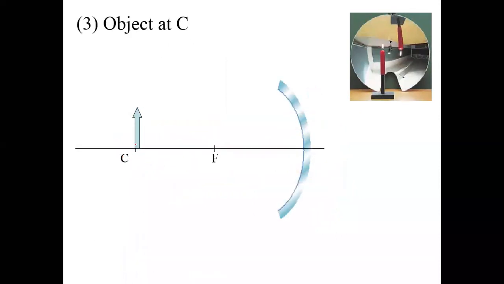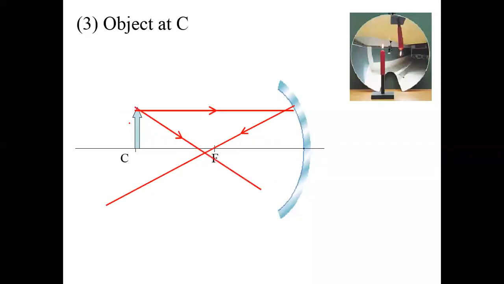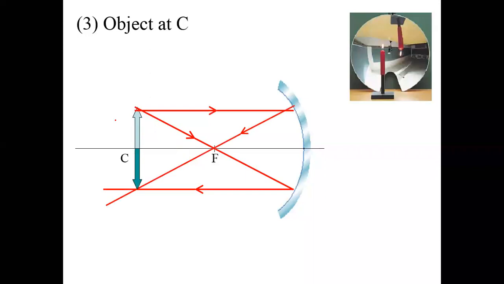Okay. What about when you put the object at C? Remember, the rays you send from C are reflected back over C, so the same thing is going to happen here. There is just one difference: the image is going to be inverted this time. The image is going to be formed at the center, but inverted.